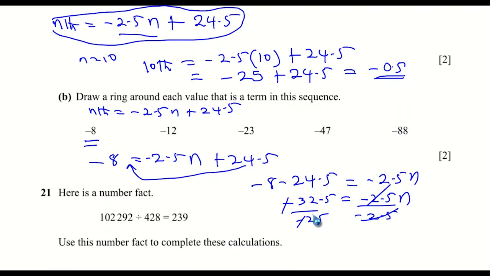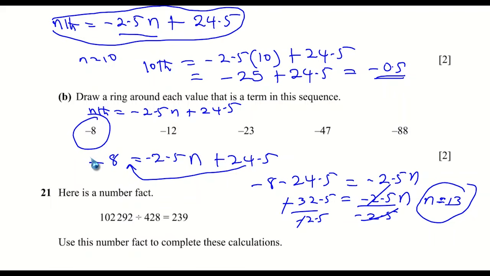If you divide 32.5 by 2.5, n equals 13. Since n is a whole number, not a decimal, that means it is a term. That means negative 8 is a term in this sequence, and the position is the 13th. Sorry, I said 8 earlier, but 32.5 divided by 2.5 is 13.